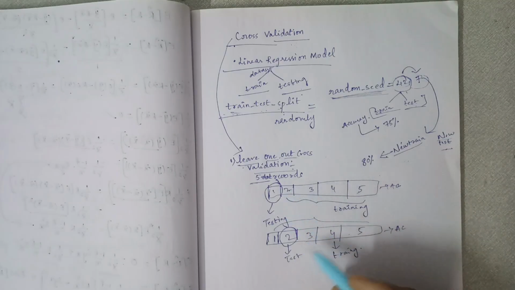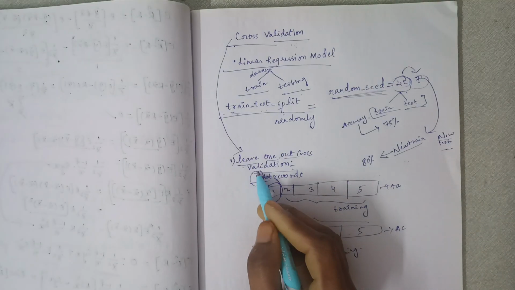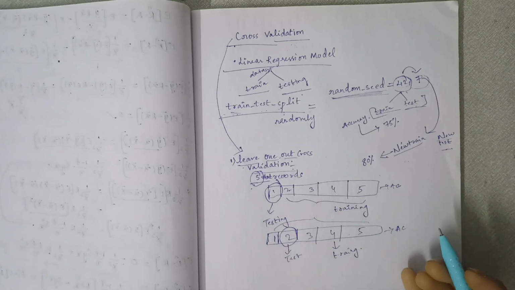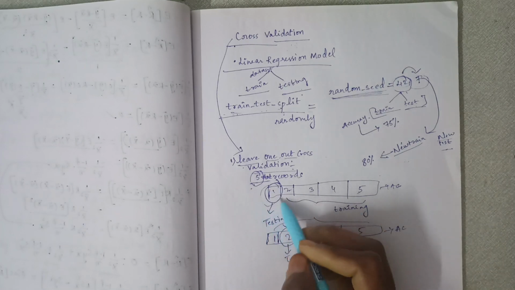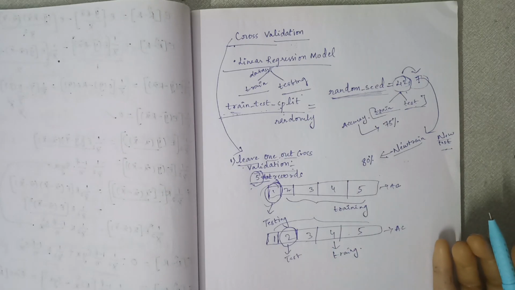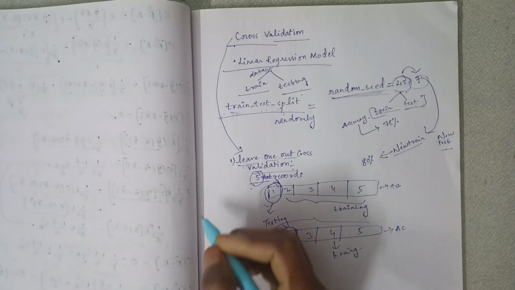This is how you repeat for 5 iterations, as you have 5 records. Here, based on one prediction, can you say our model is performing well? No, right? It is not correct. This is one disadvantage.